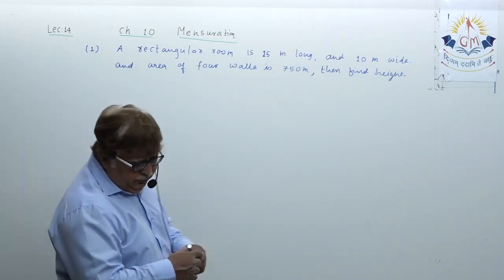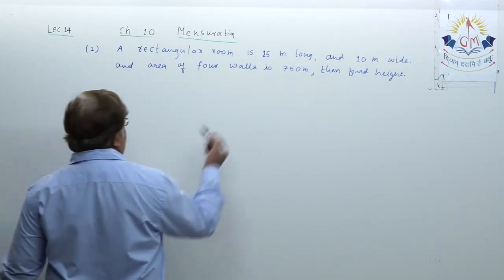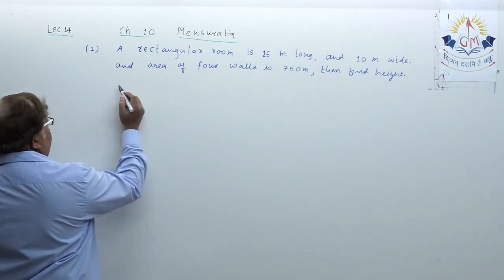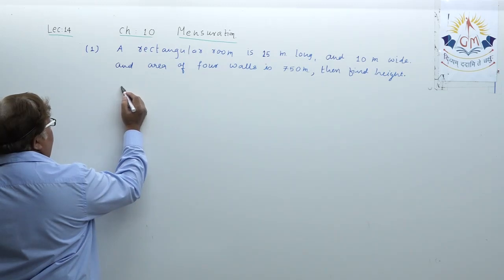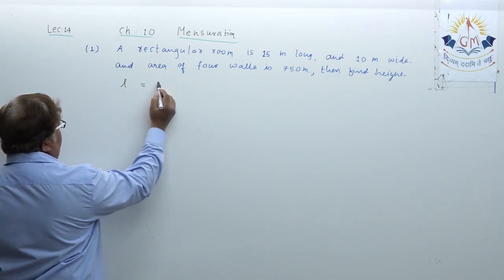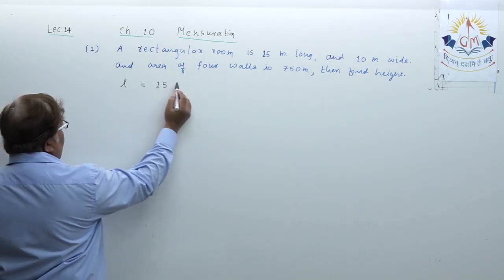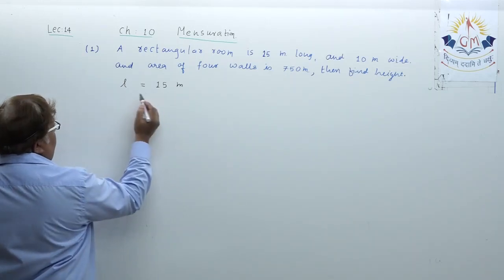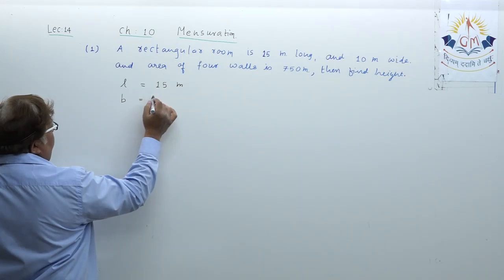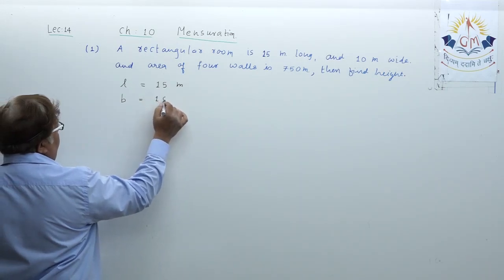So, dear students, first always as usual write down what is given in the data. Length is given, 15 meter. Breadth, width means the breadth, has been given, 10 meter.